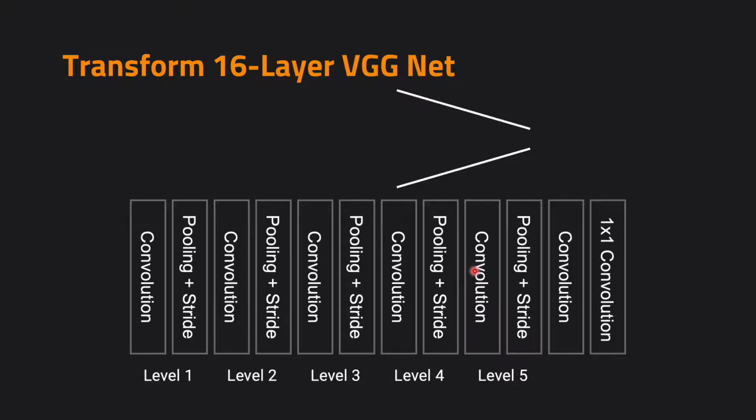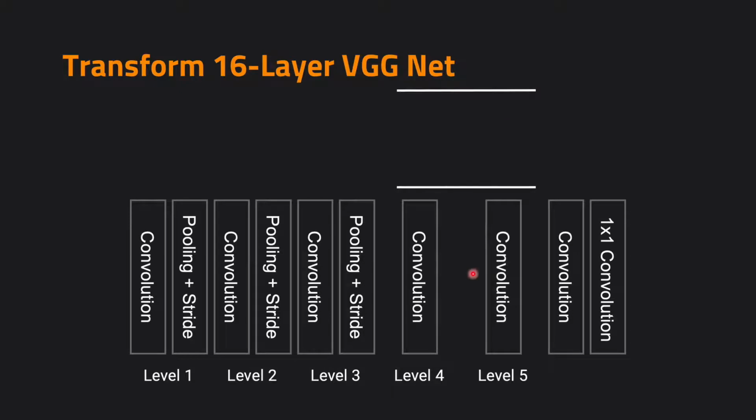The first thing we can do here is remove the stride and the pooling as we described in the previous slide. So we can simply extend that 1D operation to this 2D convolution, so that we can preserve the resolution after level 3. You can see now we do not have stride, which means that we do not have downsampling.